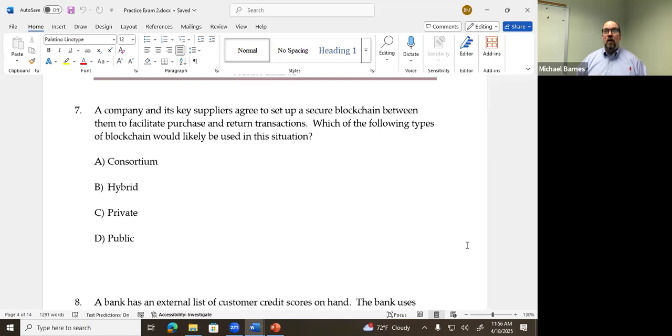Remember, private blockchain is one central authority with a permission process. Public is basically no permission process whatsoever. Hybrid is one central authority, but with some sort of permissionless process to gain access to it, so it's a combination of public and private. The consortium is the one being defined here.